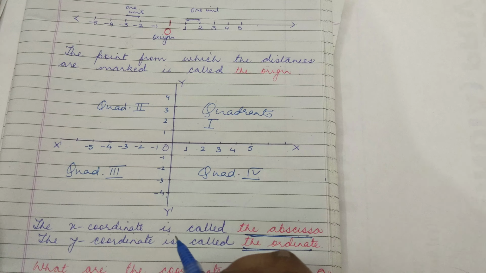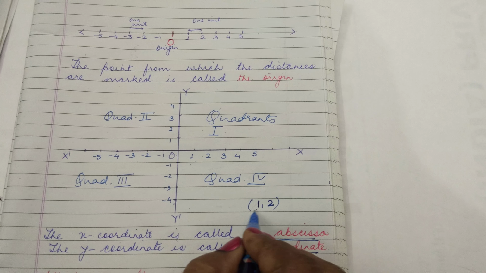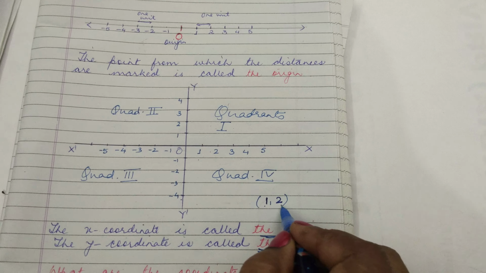We always place the coordinates in brackets. Suppose that now I have to plot the coordinates (1, 2). This means that 1 is the abscissa and 2 is the ordinate. The first coordinate is always the abscissa and the second coordinate is always the ordinate.